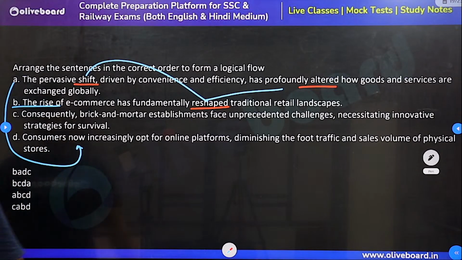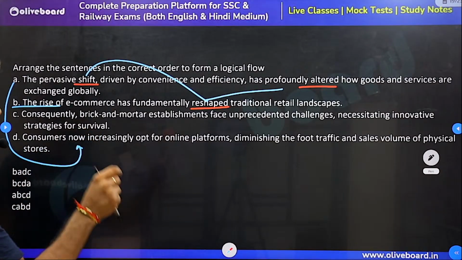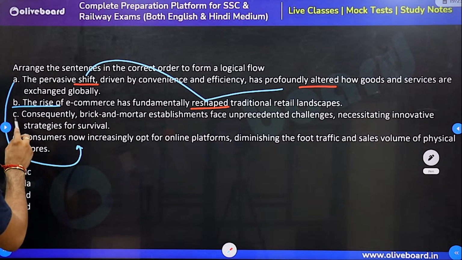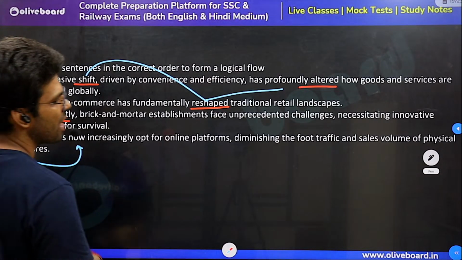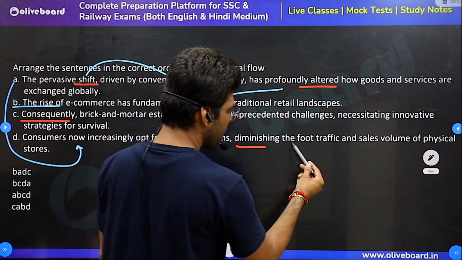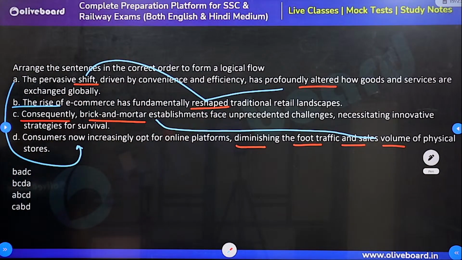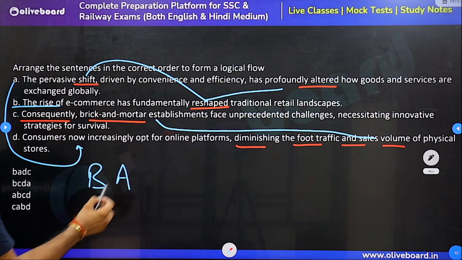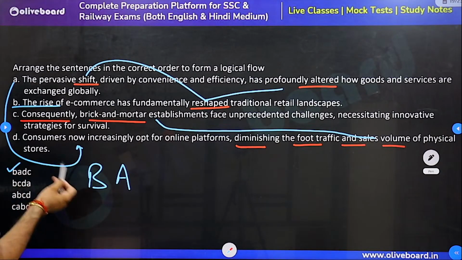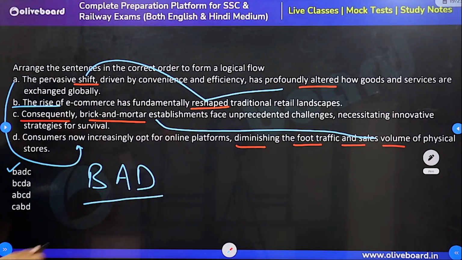Consumers are now increasingly opting for online platforms, diminishing the foot traffic and sales volume of physical stores. Resultingly, these establishments face challenges, and this brick and mortar should be in that category. So B, the first one for sure, fundamentally changed. Two changes out there. BA, just one option with BA, and for sure D conveying the tone of that. So that's all clear. No problem.